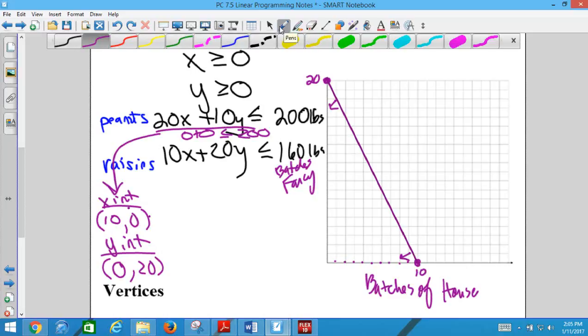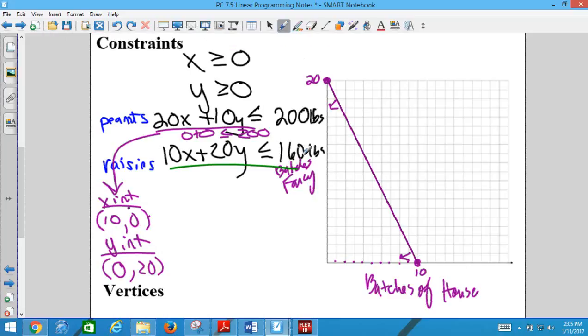All right, the other equation, same stuff. Let's graph it. Let's do our x-intercept, 16. Y-intercept, 8. Yep.